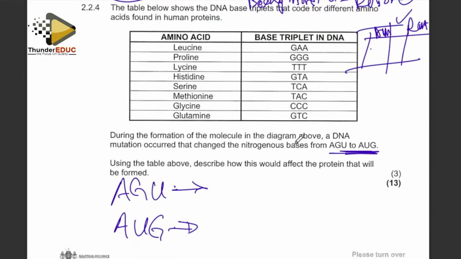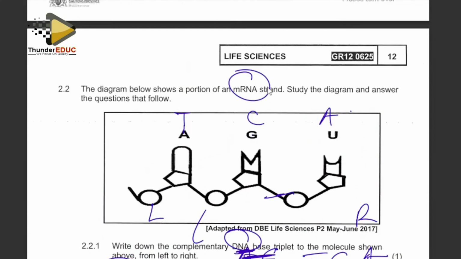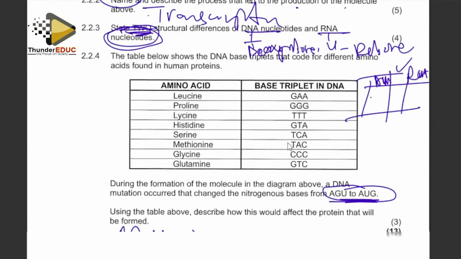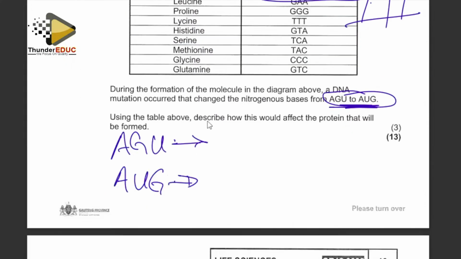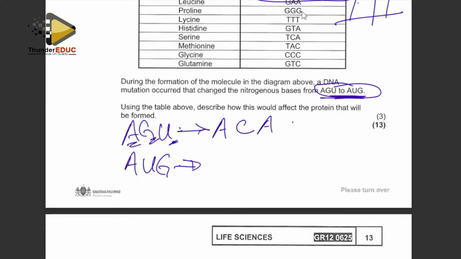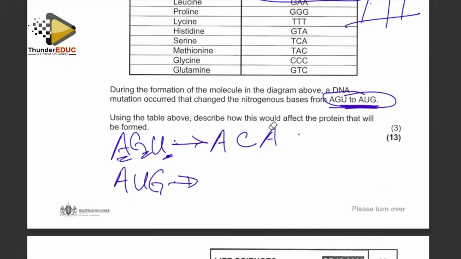So now, since this is messenger, they talked about it, that this is messenger. But what is in the table here? The table here is DNA, meaning that I have to change this into DNA. So A goes with T, G goes with C, and U goes with A. What am I saying here?